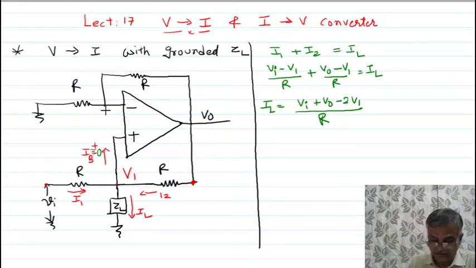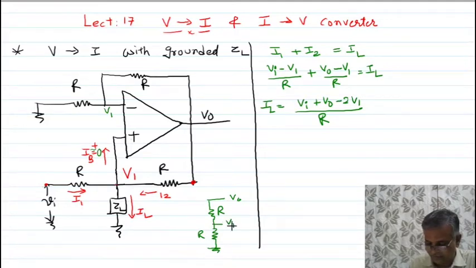From the circuit, this is your VO, this is resistor R, this is resistor R and this is ground, and here I have written V1. Again, this and this potential are the same.